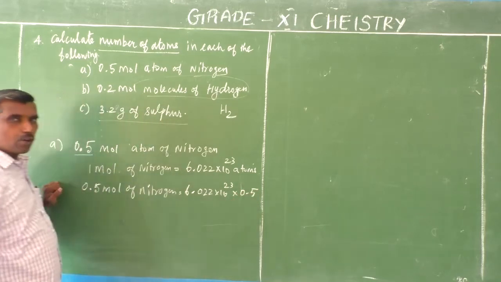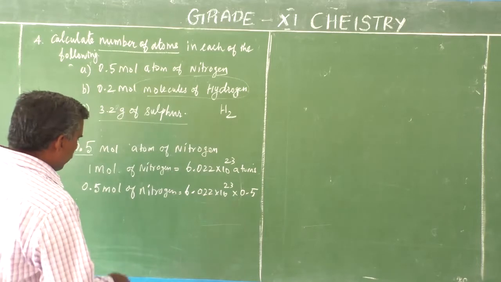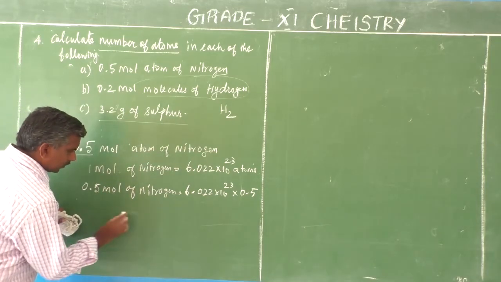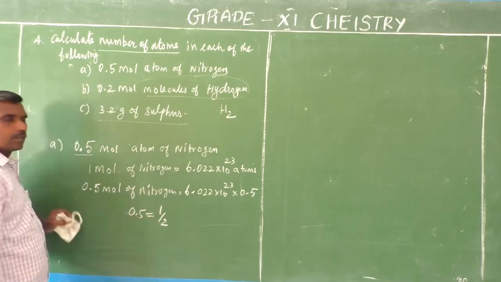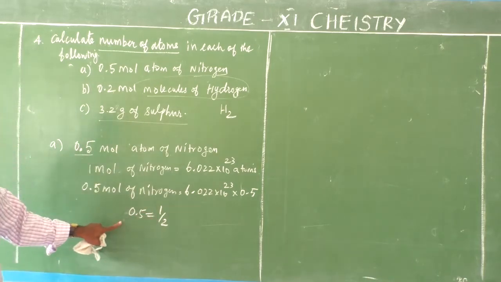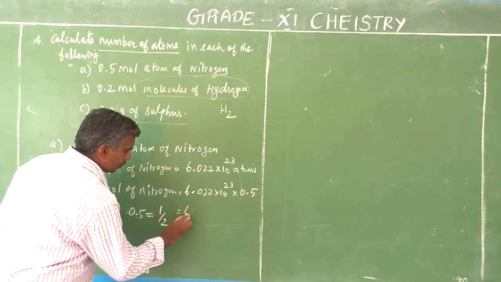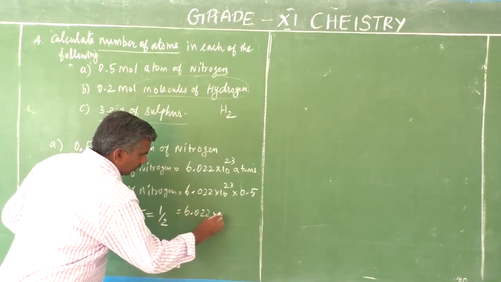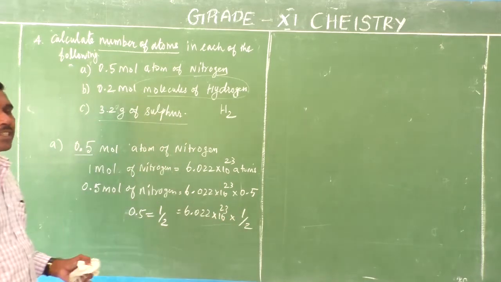We multiply with 0.5. So 0.5 is equal to 1 by 2. I will change this 0.5 into half, because the calculation is easy.